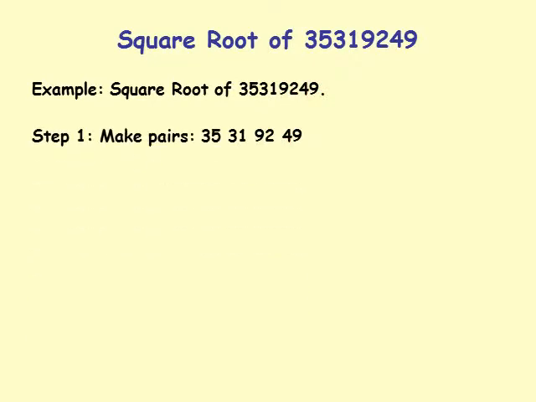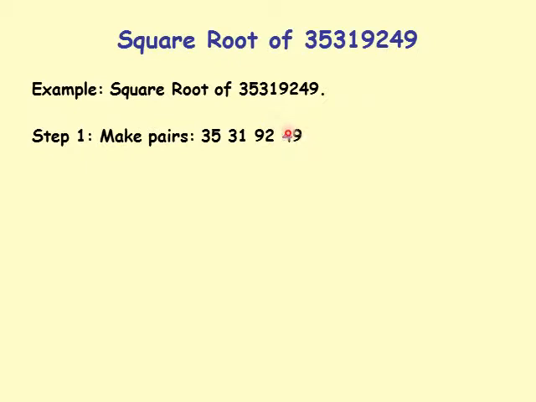We can apply the lessons of the previous section into determining the square root of 35319249. That's 8 digits. First we make pairs, since we need to figure out how many digits are in the square root.